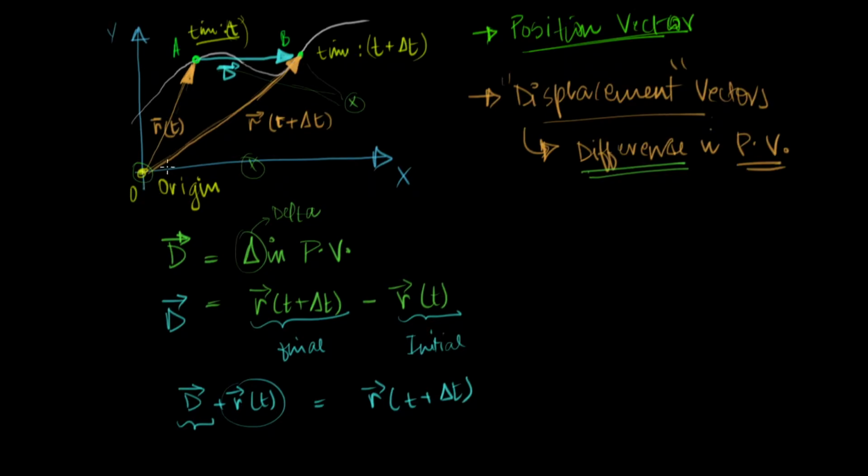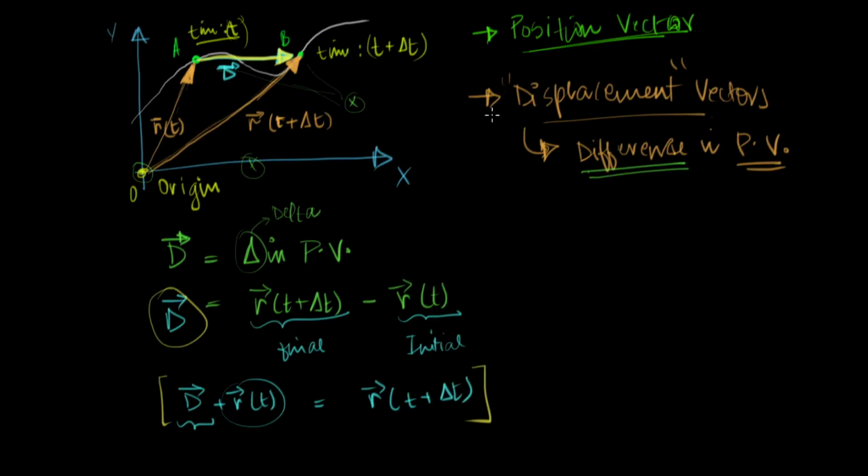Our final vector is a resultant of d and r of t. The only vector I must add to r of t is the one that emerges from the head of r of t and ends at the head of r of t plus delta t. In that manner, I form the familiar triangle and invoke the triangle rule to graphically represent this equation. Therefore, the displacement vector, defined as the final position vector minus the initial position vector, effectively becomes this vector. So that's a displacement vector.